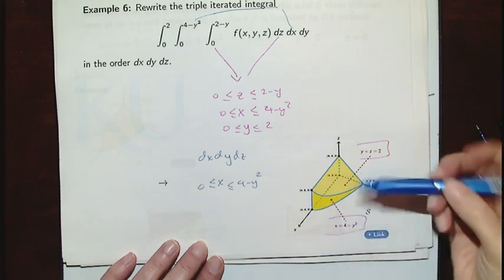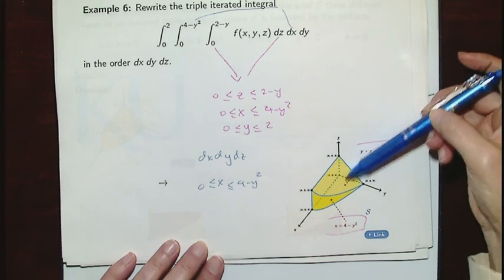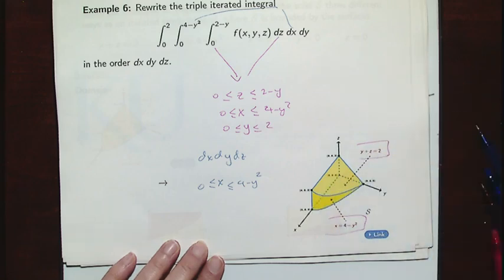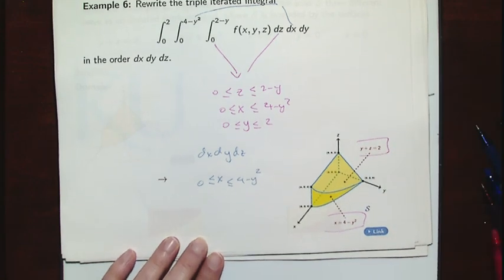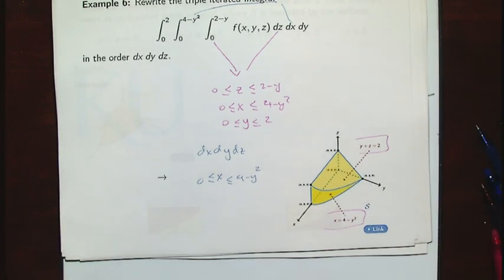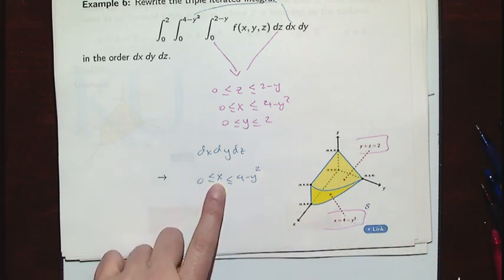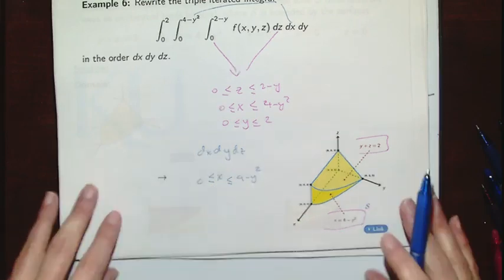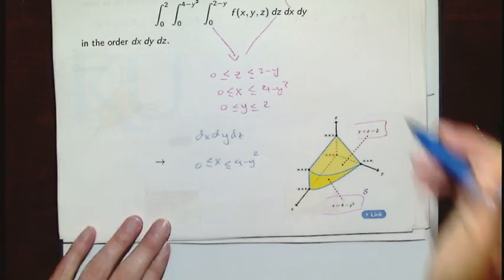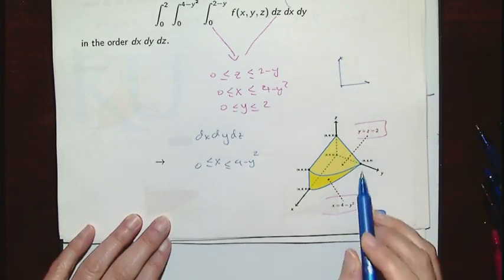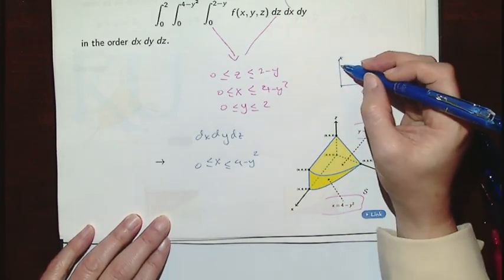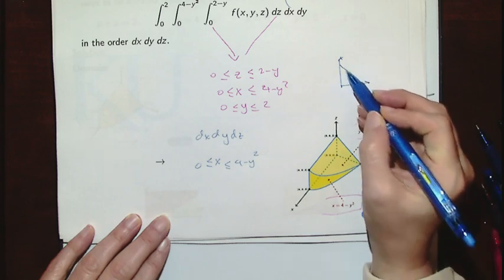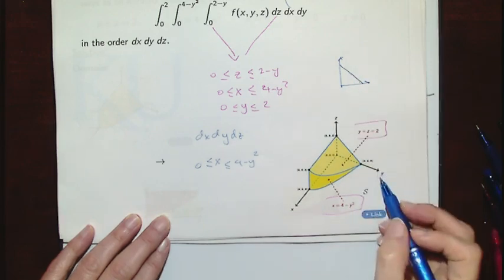Now I'm looking at this. X goes from 0 to 4 minus y squared. And that's fine. Now let's see what's the relationship between z and y, sorry. What is missing? Z and y. So let's find that relationship. I can even look at this and tell there is a little line over here between z and y.